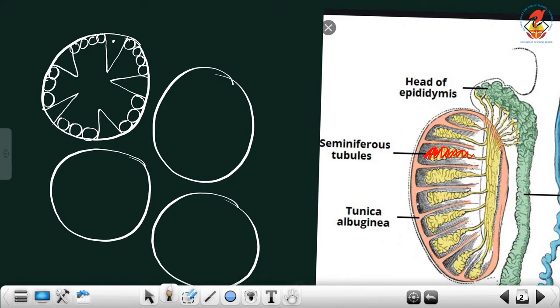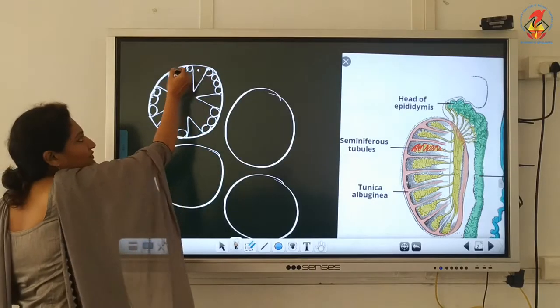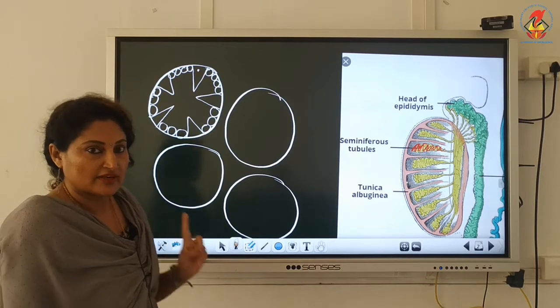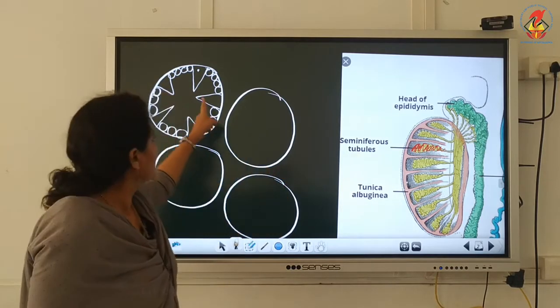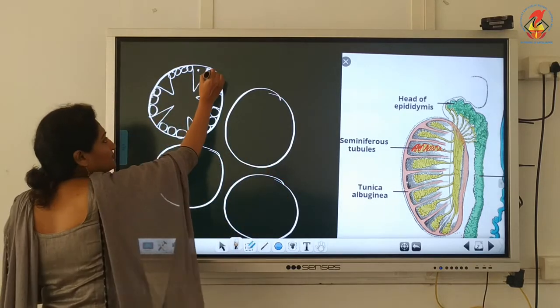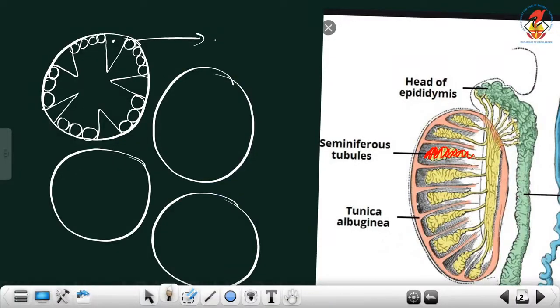So, the seminiferous tubule is lined by a germinal epithelium which is indicated in white color. There are 2 types of cells: the spermatogonia is the spherical one, and the pyramid shaped cells are the Sertoli cells.